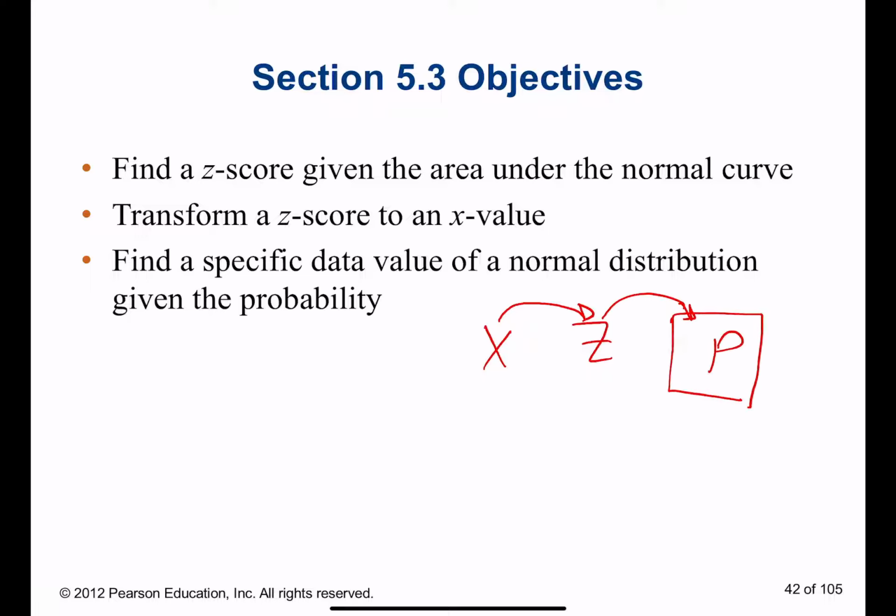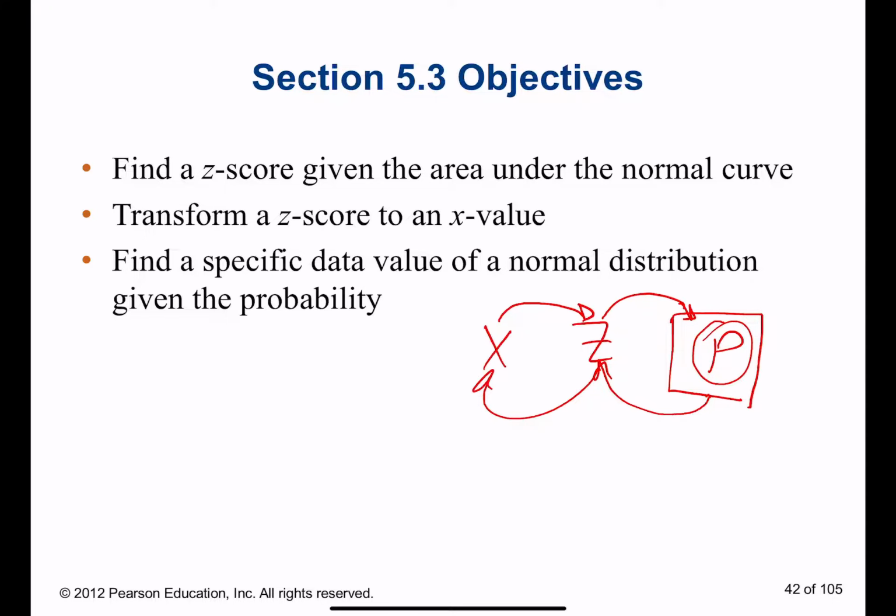Table of probability. Now, what if we know the probability, let's say 70% or 90%, and we want to find what x is matching? From the probability table, we need to find the z-score, and then from the z-score convert to x.